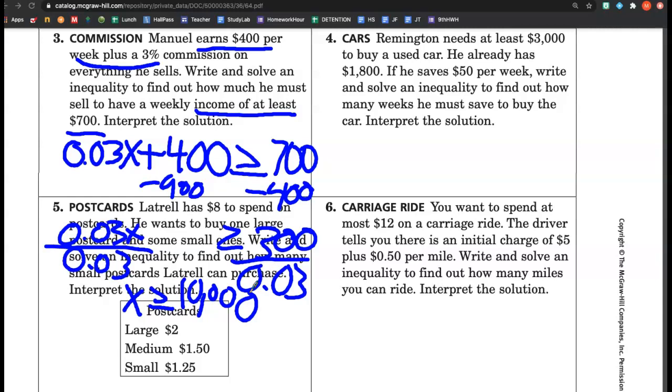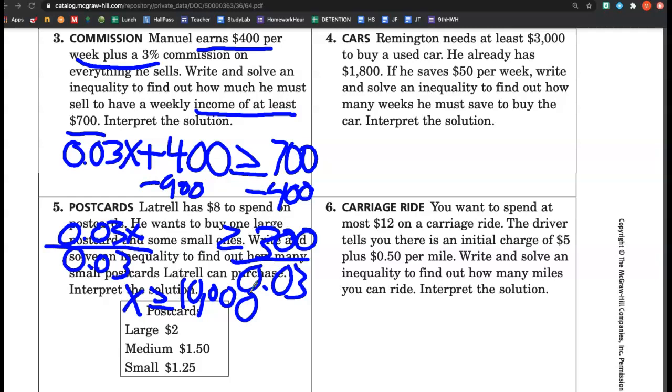Number 4. Okay. So Remington needs at least $3,000 to buy a used car. He already has $1,800. If he saves $50 per week, right? And solve it.